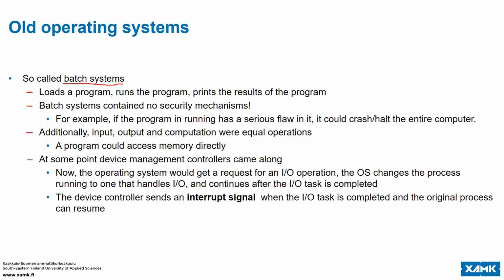Additionally, in batch systems, input-output computation were equal operations. So programs could access memory directly. Actually, programs could access all hardware resources directly. Again, this is very analogous to the first assignment when programming with the hack computer.